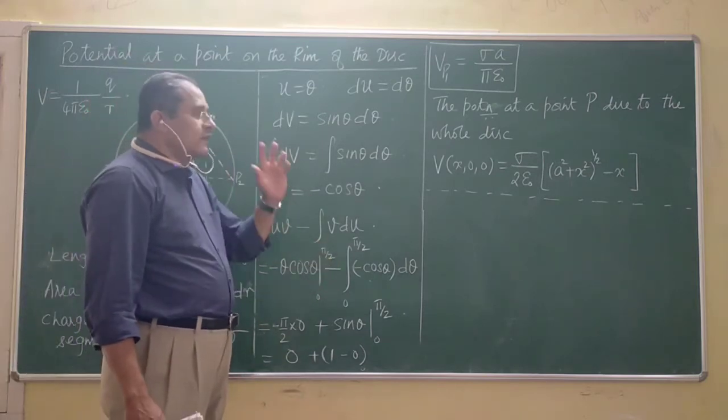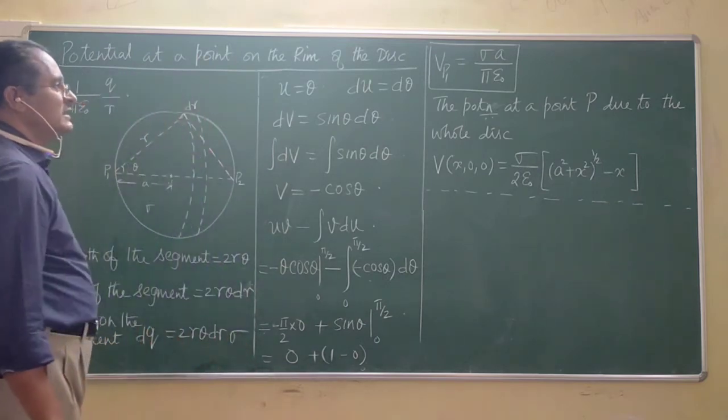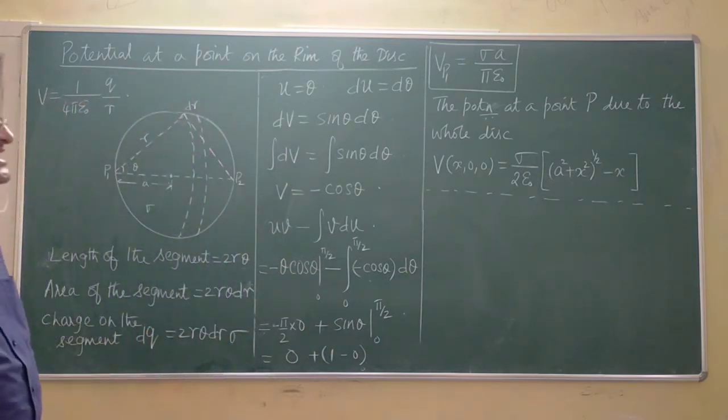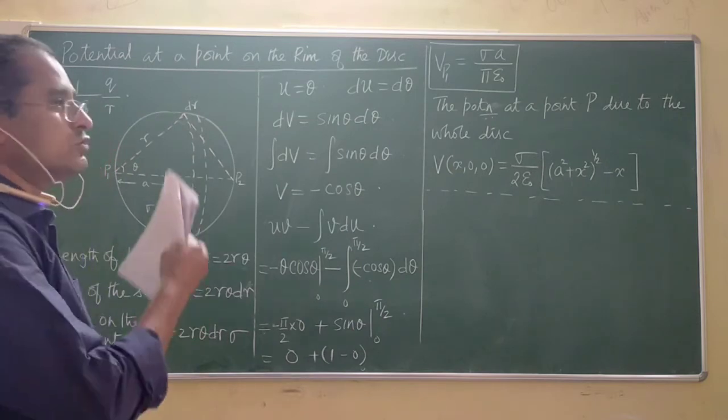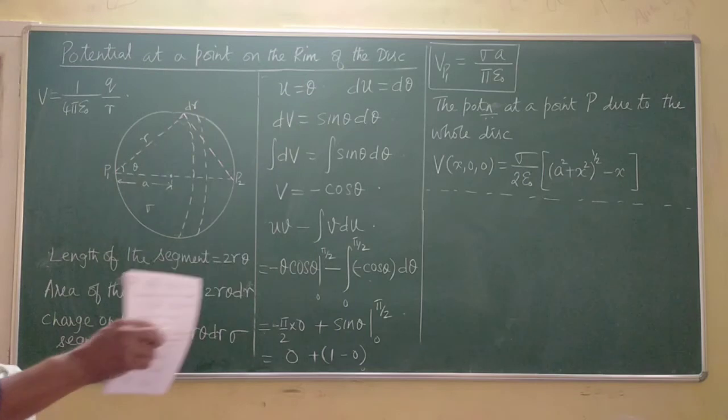Because in our syllabus we are not deriving the expression for potential at a point due to the whole disk, we are taking this result. Why are we taking this result?